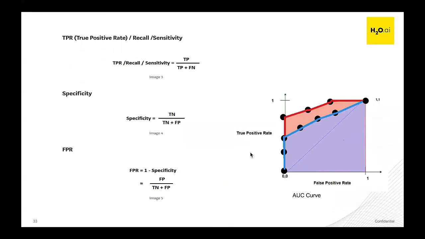Now, how threshold comes into play is a classification algorithm will always predict the probability. So, for instance, there is a patient and our algorithm says that there is 70% chance that this person has COVID and there's 30% chance that this person doesn't have COVID. Now you decide on a threshold.